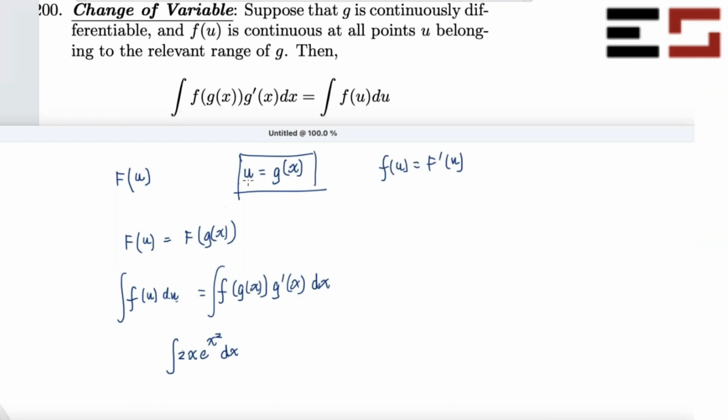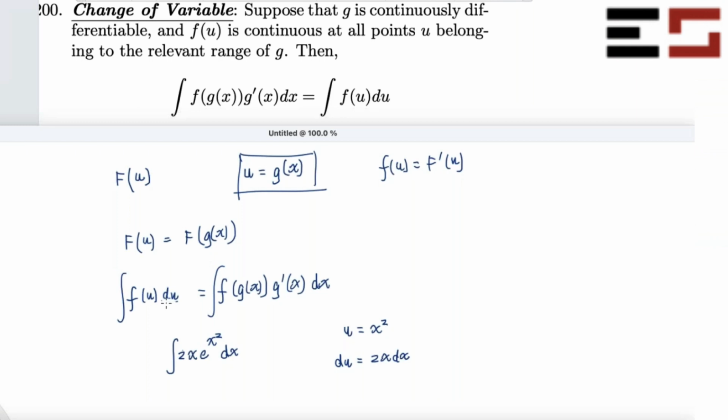Now if you see, I can just take this x squared and call that u. So that's the substitution step. u is x squared. So what is du? 2x dx, right?